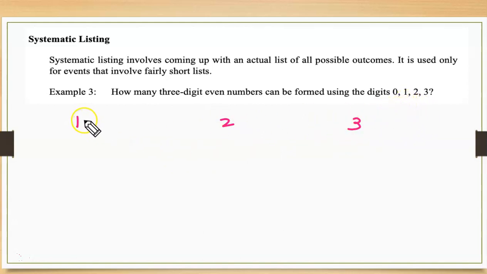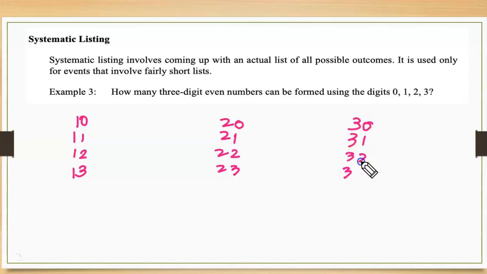In the second digit, we could have 0, 1, 2, 3. Same here, 0, 1, 2, 3. Same here, 0, 1, 2, 3.